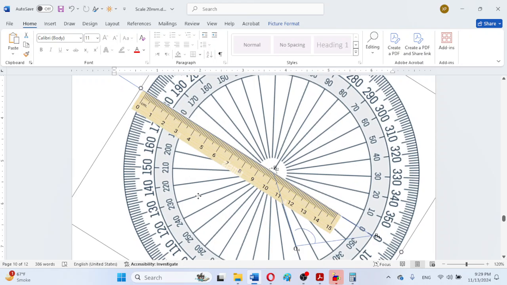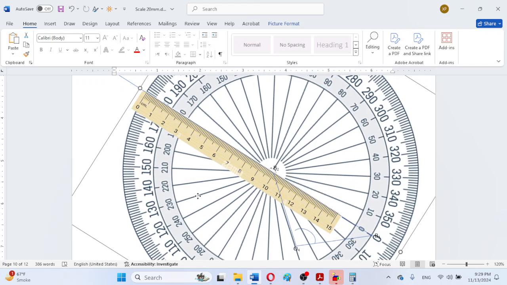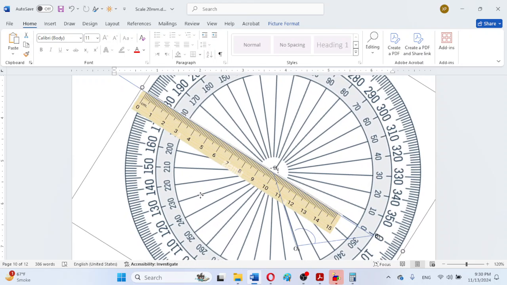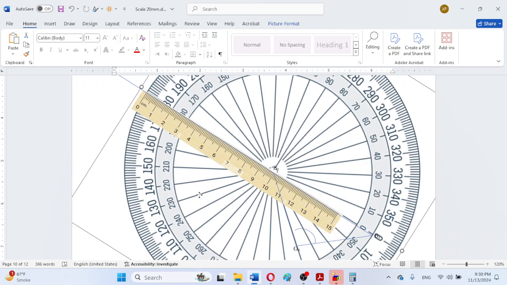It is actually taking time in this Microsoft Word, whereas if we were working on paper with physical protractors, that would not take much time.